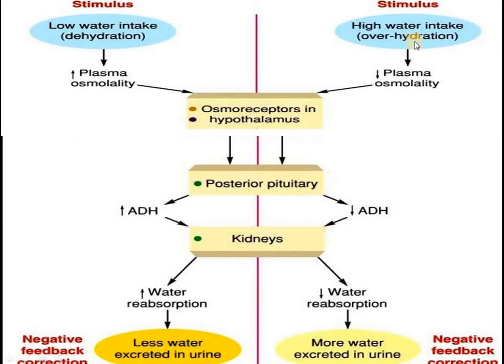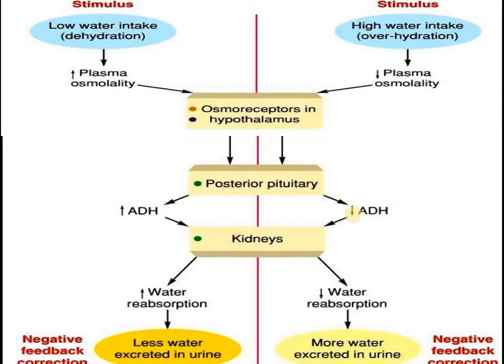On the other hand, the other stimulus is high water intake, which will lead to overhydration. This again will cause the hypothalamus to instruct the posterior pituitary gland to release ADH, but now the ADH amount would be lesser because we don't want more water to be reabsorbed by the kidney.